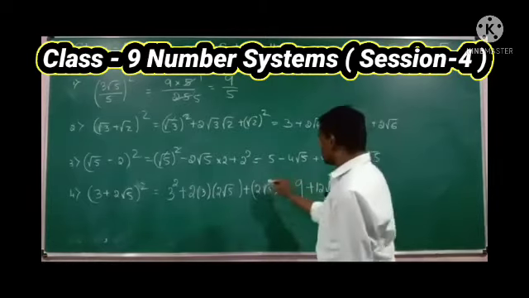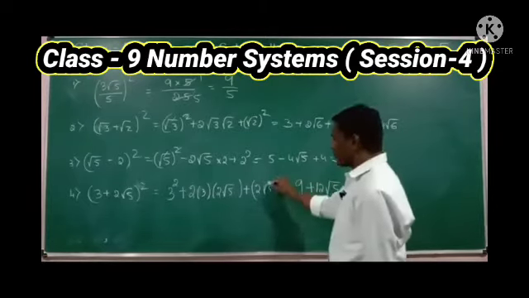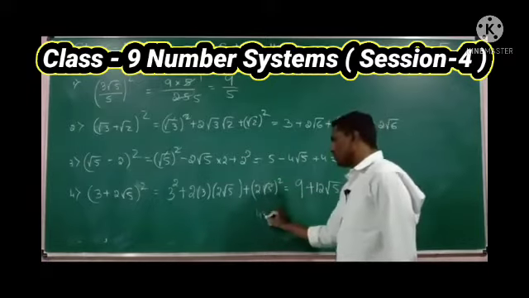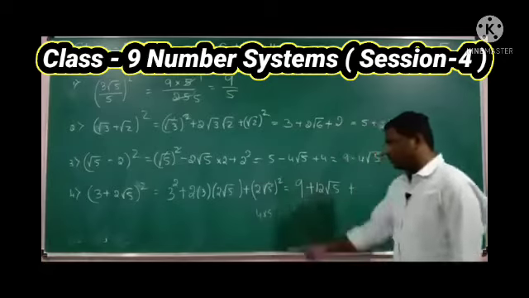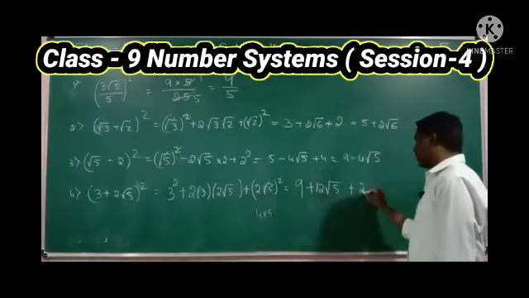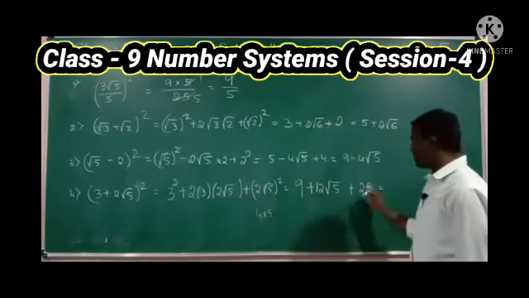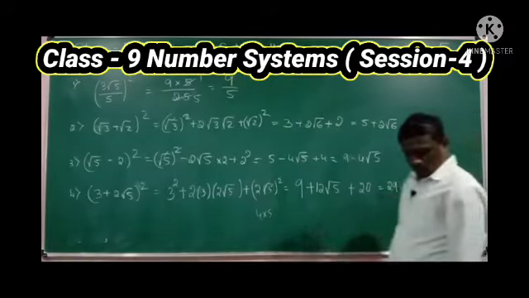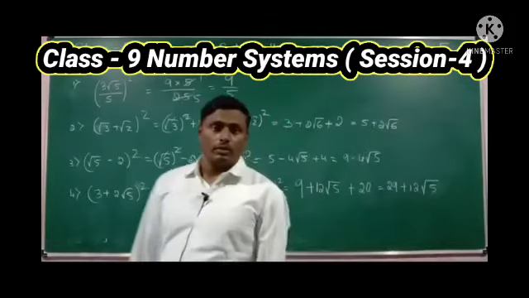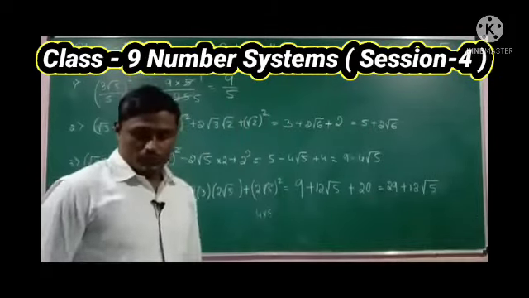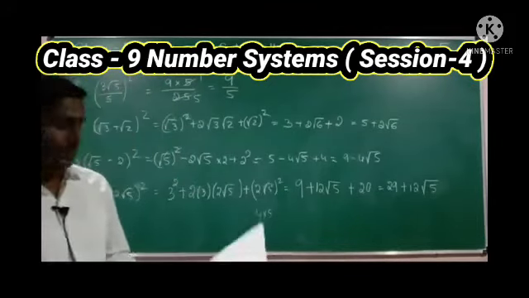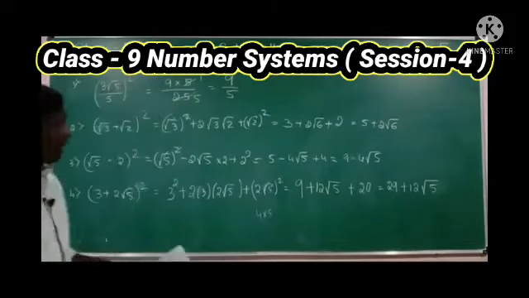Plus 2 square is 4; square and root get cancelled, remaining 5. So 4 fives are 20. What will you get as the final answer? 20 plus 9 is 29 plus 12 root 5. So these are some examples we are finding by taking their squares. Okay. Next one.